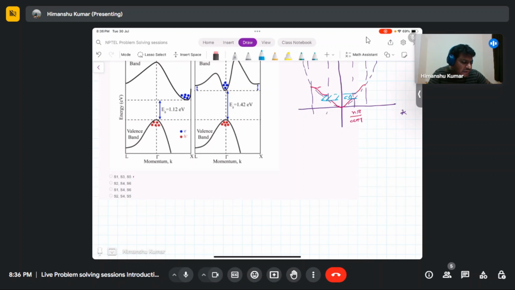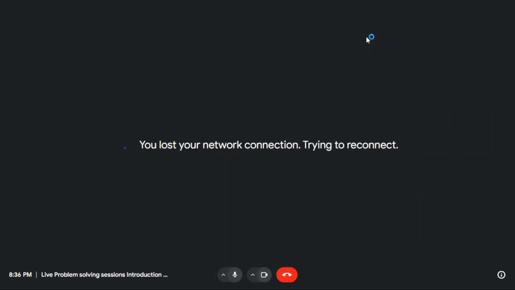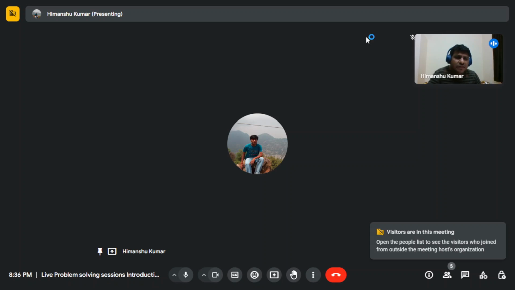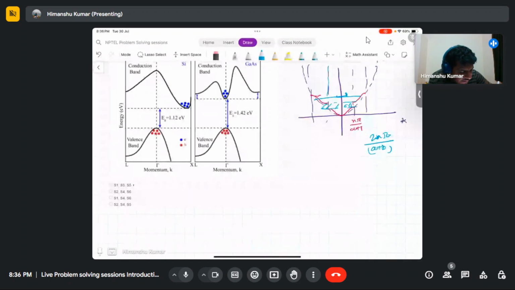The bands have 2 pi by a plus b periodicity. If you shift this band to this side, you can represent this band structure in the initial zone from minus pi by a plus b to pi by a plus b. This is known as the folded band structure or reduced zone concept.